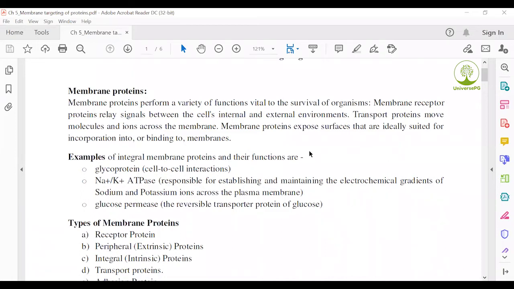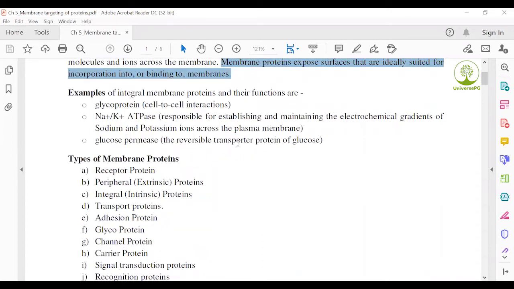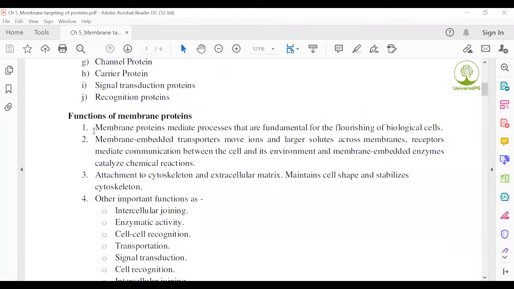Another important function, exposing surfaces that are ideally suited for incorporation into or binding to membranes. These three specific functions you may include in the function area.